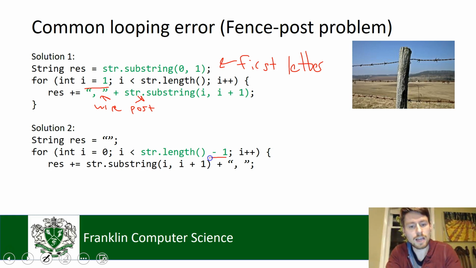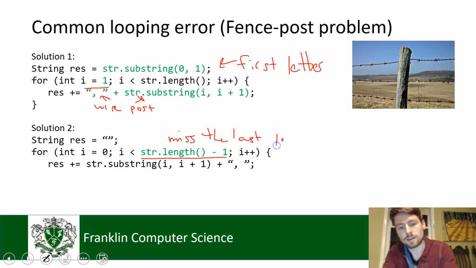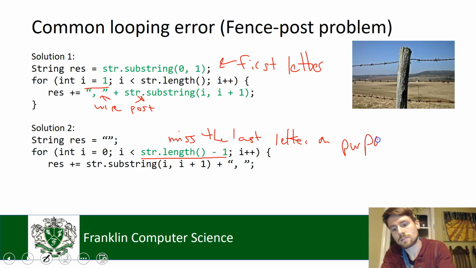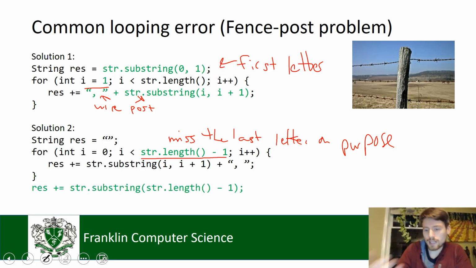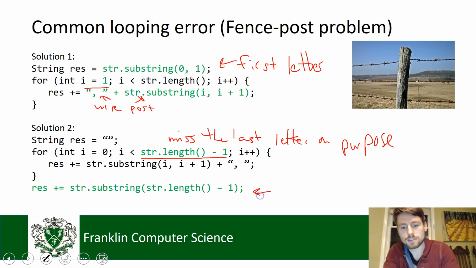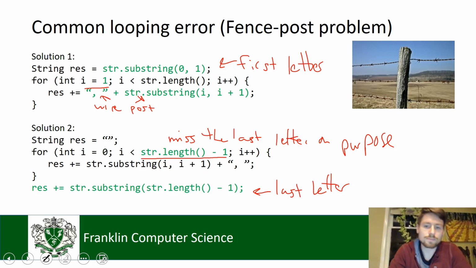So this is now where things got a little bit different. So we miss the last letter on purpose. In this case, we are on purpose not doing the last letter, and we plant that last post afterwards. So this is where the last letter is added, right?